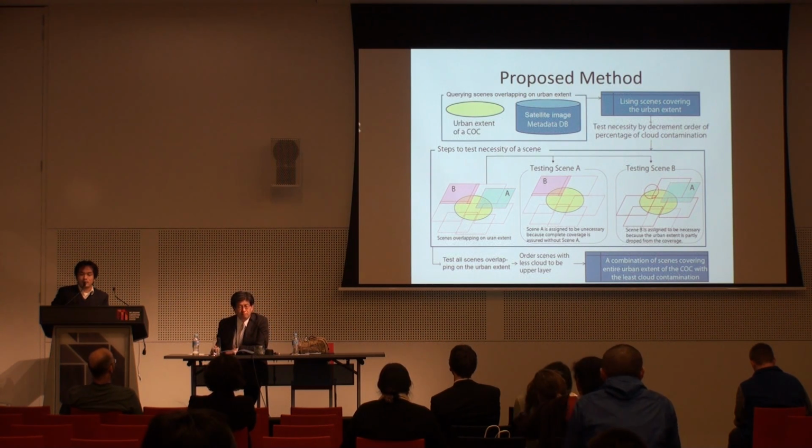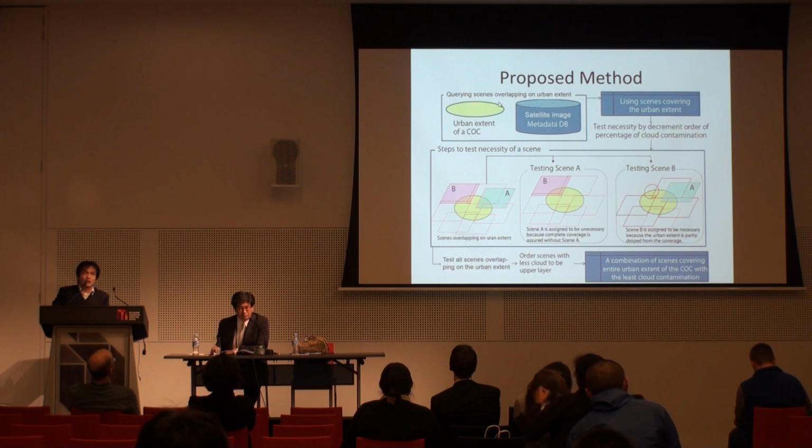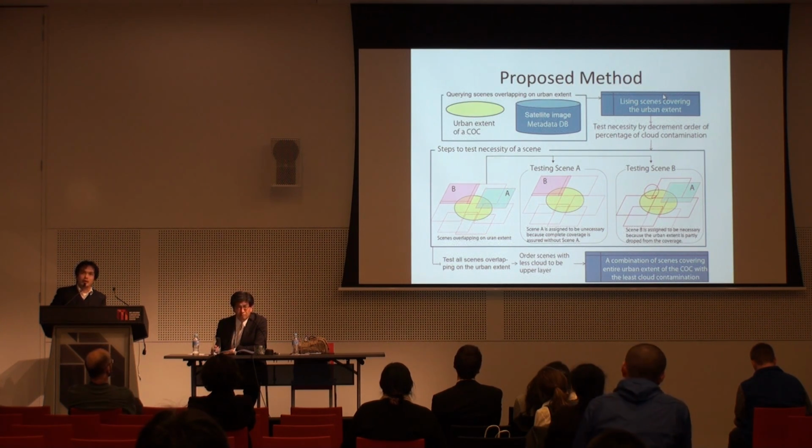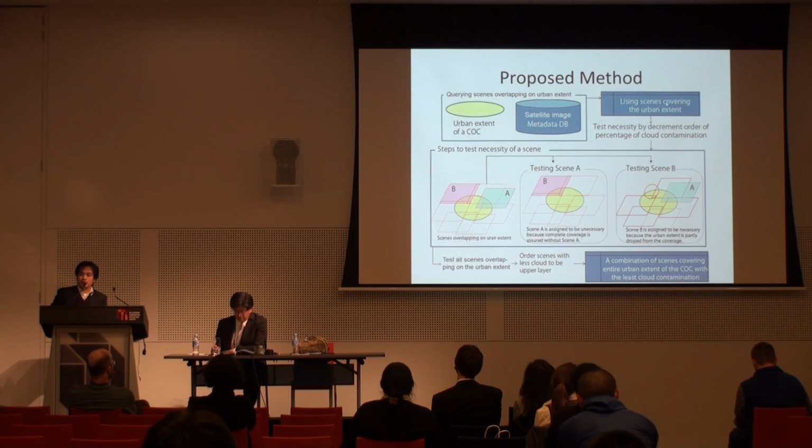And then this spatial extent data of the urban extent is overlaid with the satellite image metadata database. Then a set of candidate satellite data is selected, and these are ordered by quality of satellite data, such as cloud contamination.